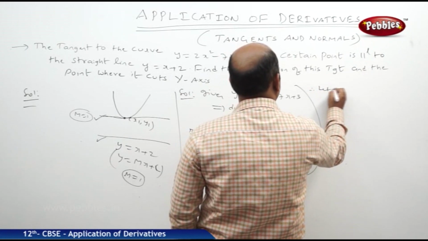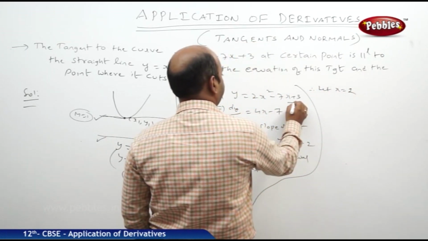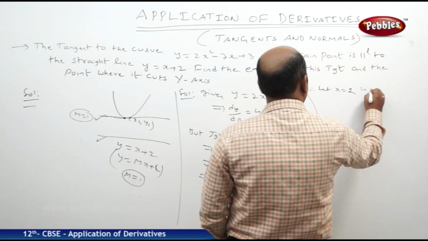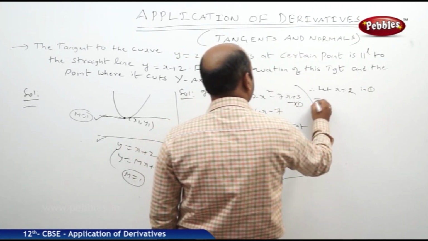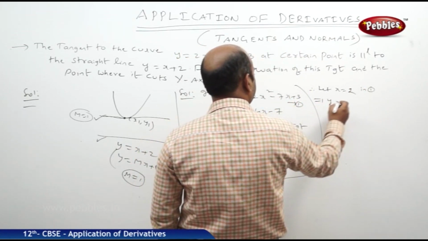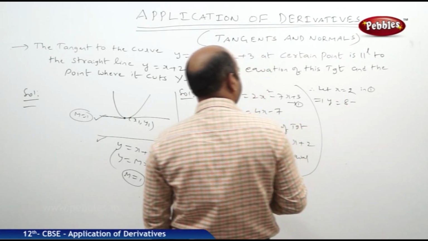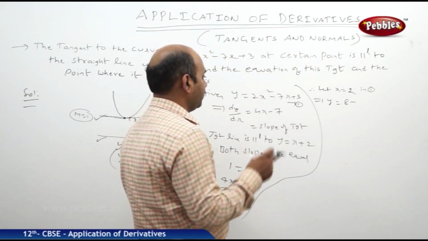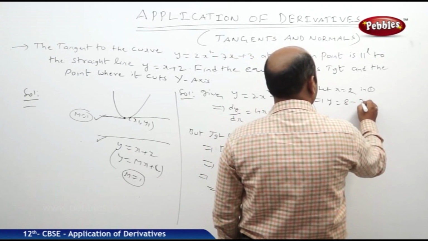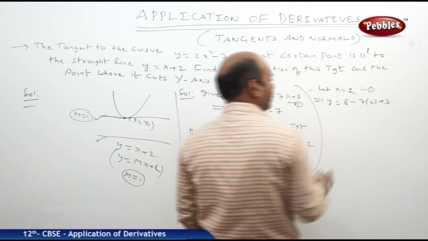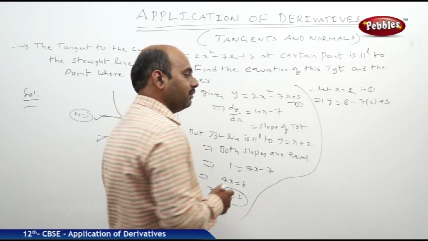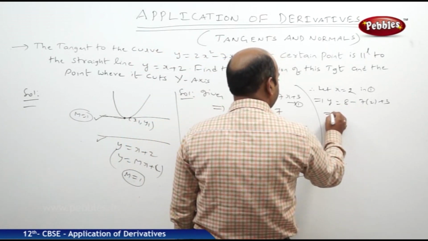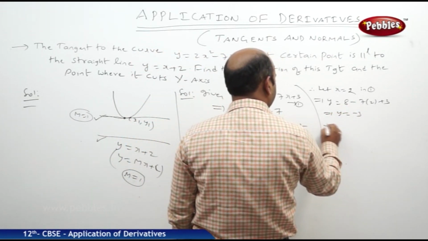So y = 2 into 2², that is 2 into 4 which is 8, minus 7 into 2, plus 3. So 8 plus 3 is 11, 11 minus 14 is minus 3. So y = −3.